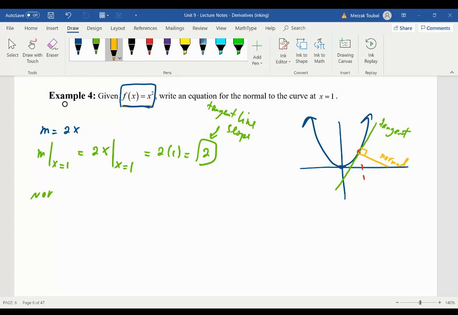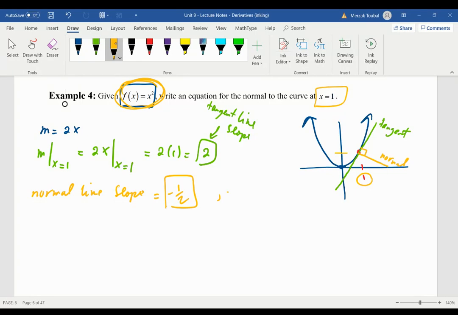Normal, let's use orange. Normal line slope, which is a perpendicular line, is the negative reciprocal of the tangent line slope, so -1/2. Now I have the slope, and I have the x-coordinate of the point. I can determine the y-coordinate by substituting 1 for x in the function f.